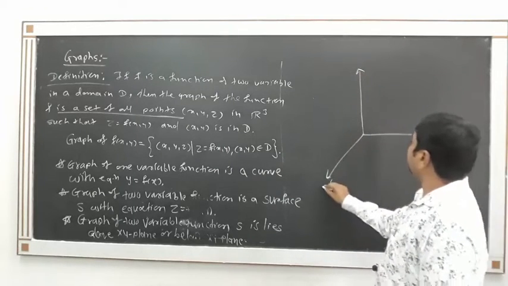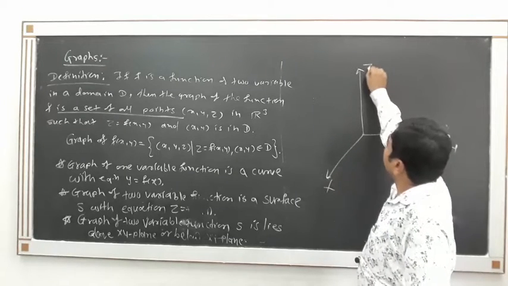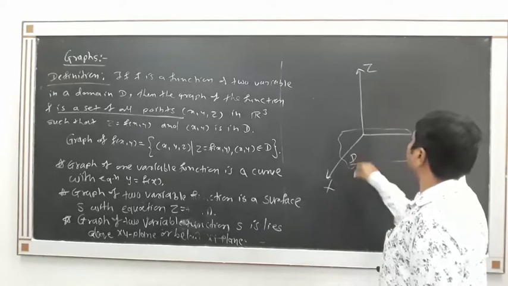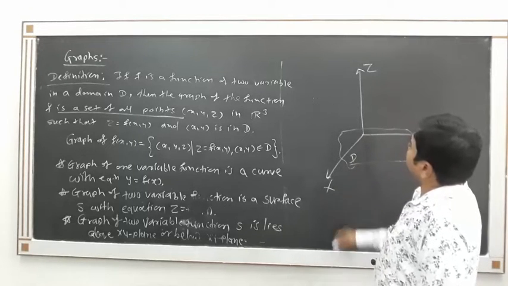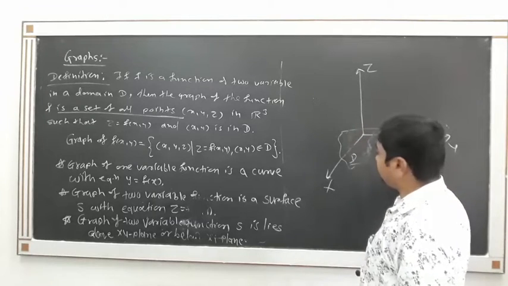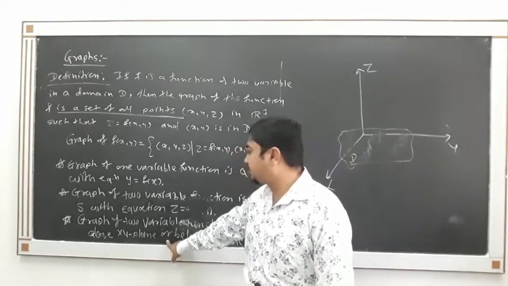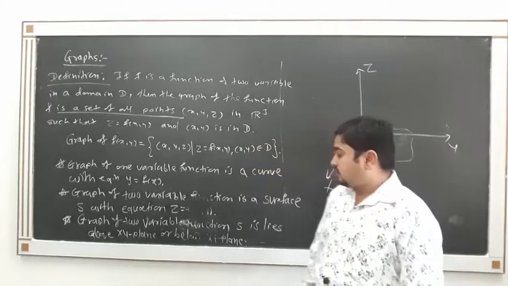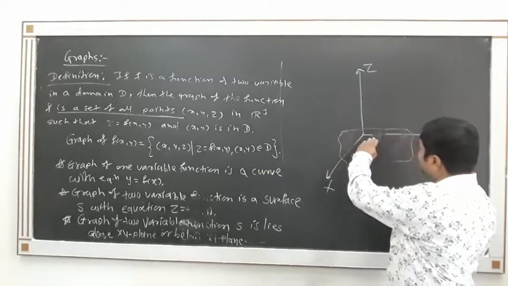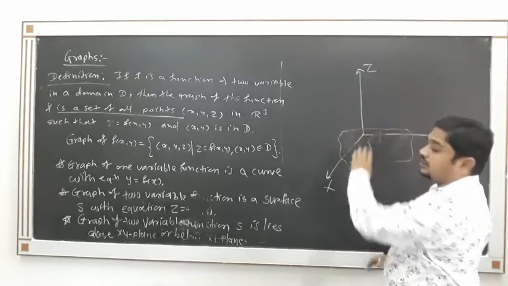This is our x axis, this is the y axis, this is the z axis. Suppose this is our domain D. The graph of a function of two variables is a surface that lies above or below the xy plane.